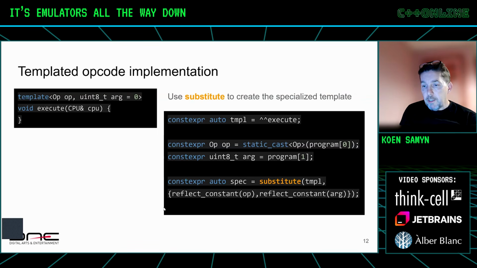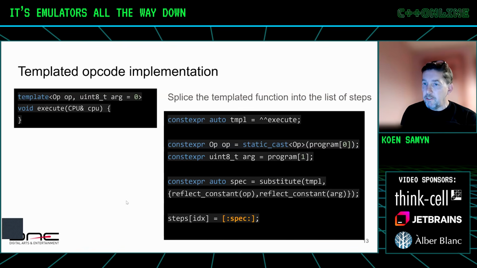Then the special thing is that we can now, with substitute, this is really the most powerful thing in the C++26 reflection framework, I think, call substitute, and substitute is going to make a specific instantiation of the template. So this means that actually we're kind of compiling our program here.